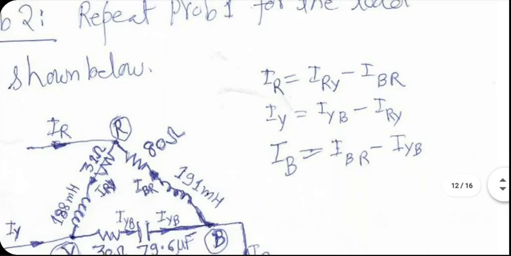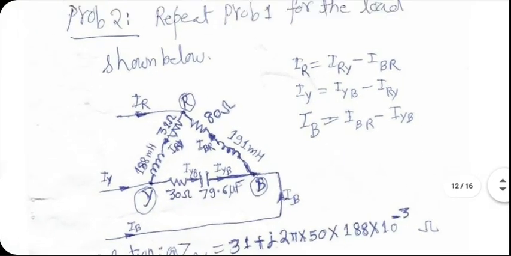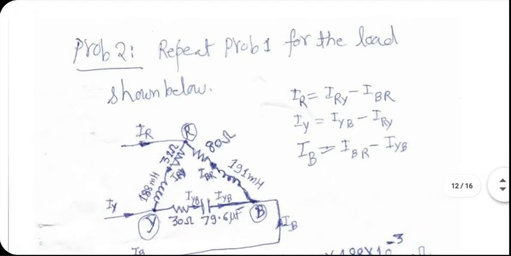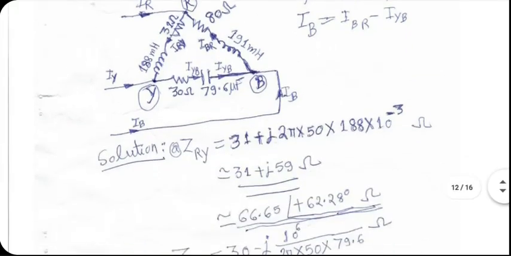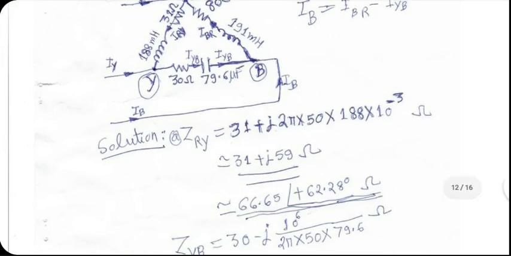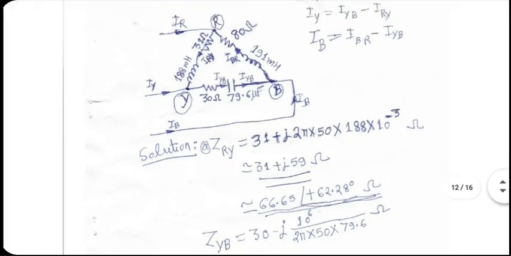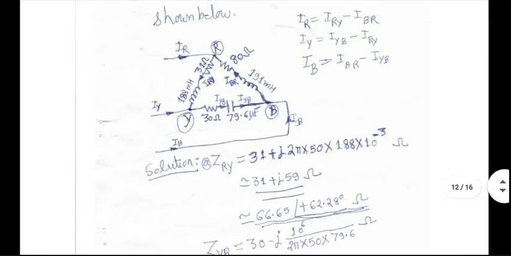Okay, now they want you to repeat that problem when the load has changed to something more complex. Each branch has got a complex impedance now. It is a nightmare to do the calculations, I'm telling you. That's why simulation tools are brought in. I've tried my best to do this calculation, praying to God that there is no calculation mistake.